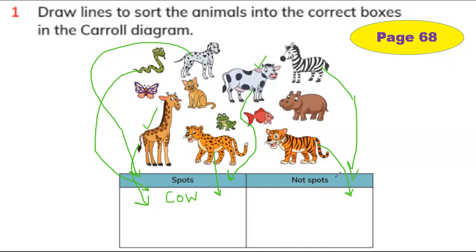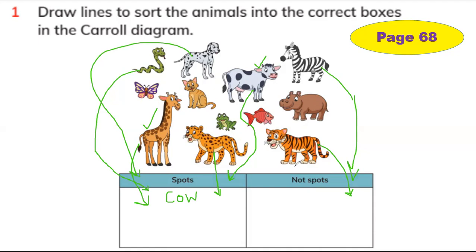I'm going to drag it here. And look at the cat. Okay, so here we have the animals with spots, and the other animals are without spots, right?